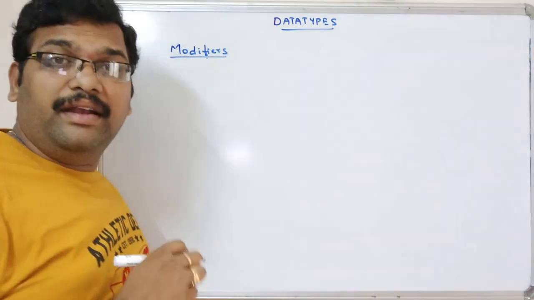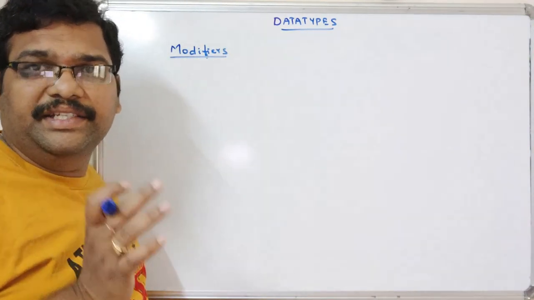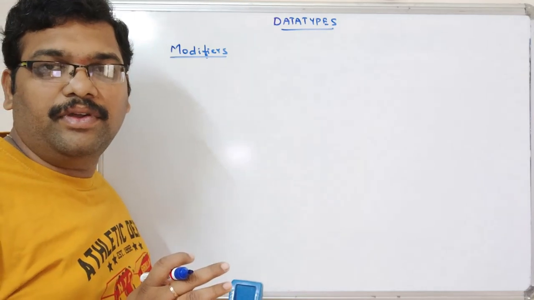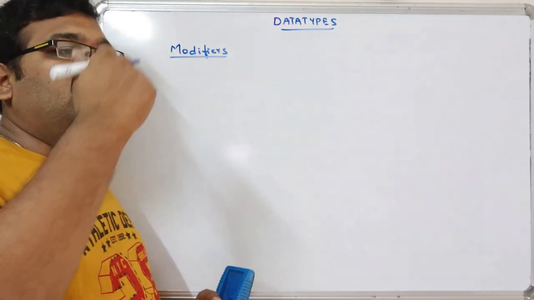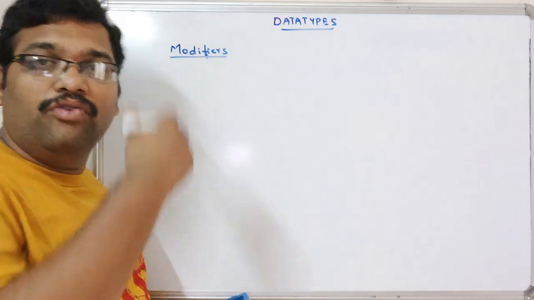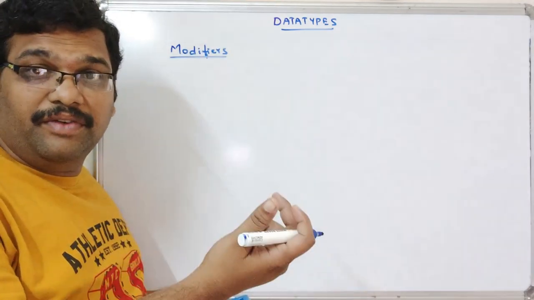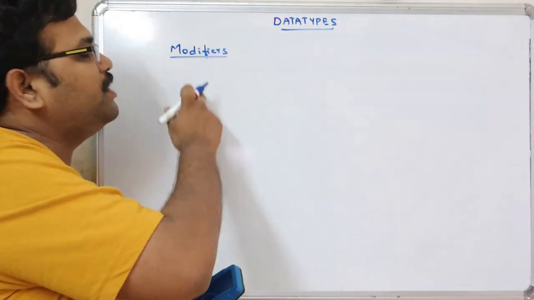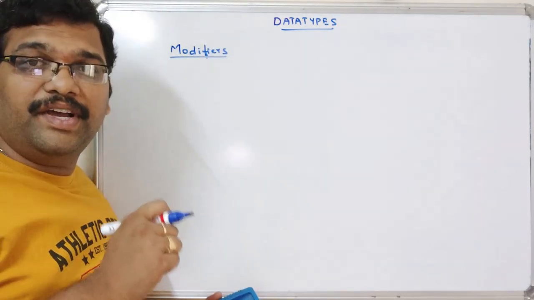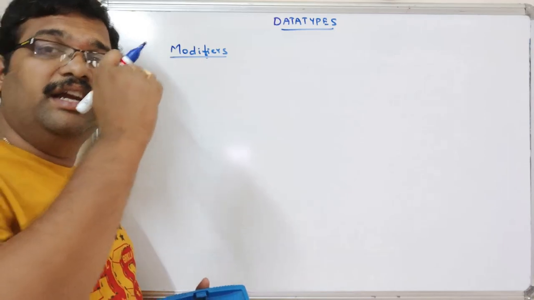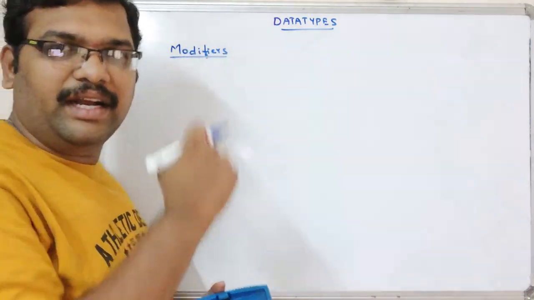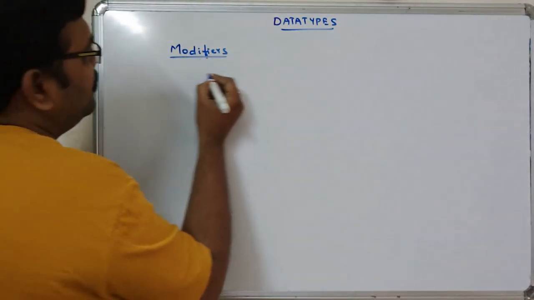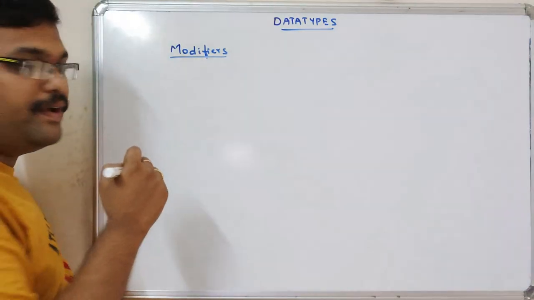For every data type there is a limited range of values. In order to use values which are out of the given range, we have to go with the modifiers. Modifiers, the name itself indicates, modify the range of the data types. Here we have modifiers.